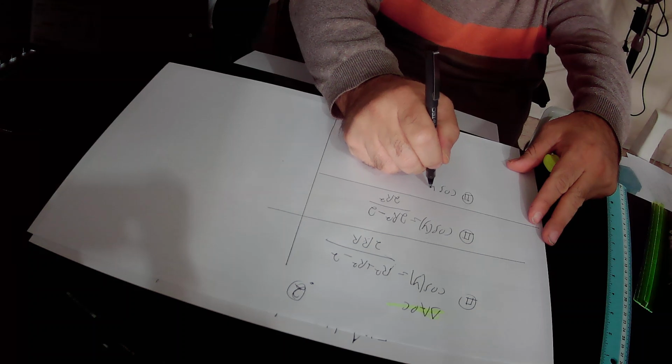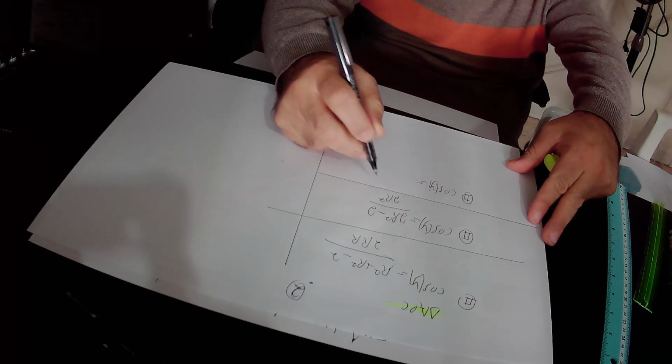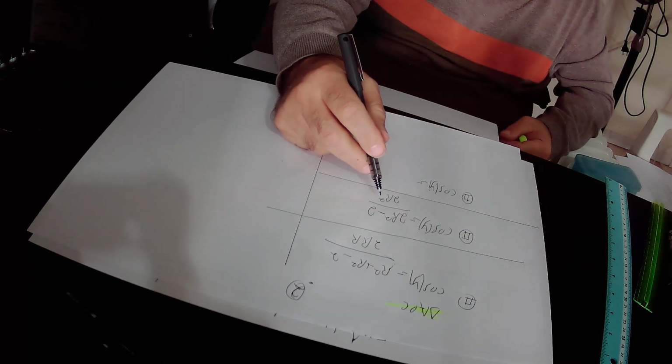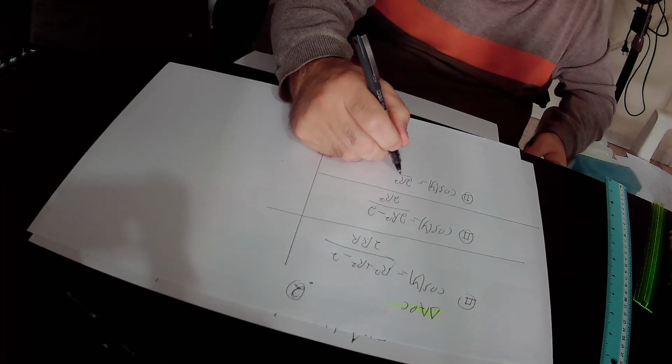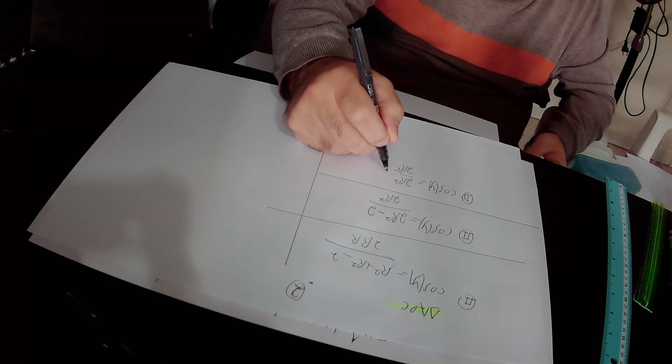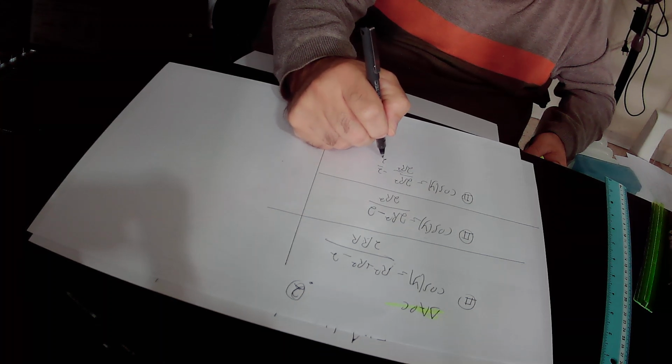So cosine y, we split this side of the equation into two parts. The first part will be 2r squared over 2r squared, and the second part will be minus 2 over 2r squared.